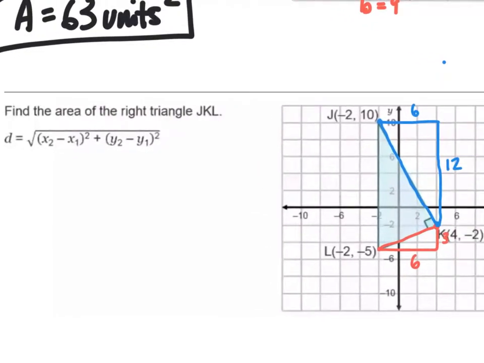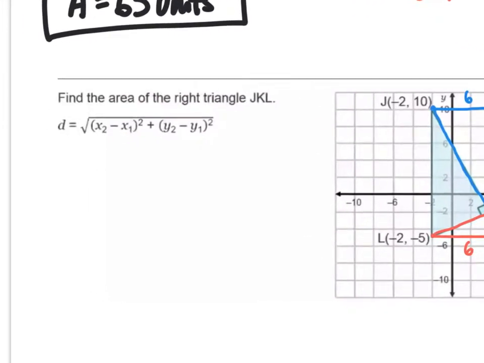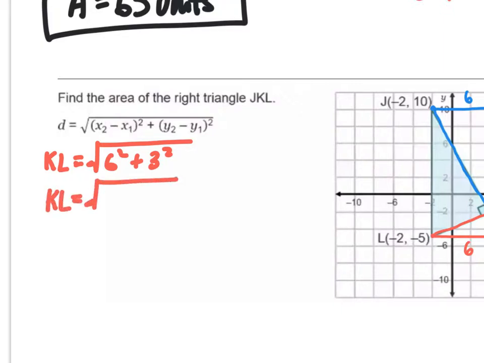So let's do KL first. KL is equal to the square root of 6 squared plus 3 squared. So then KL is going to be the square root of 36 plus 9.